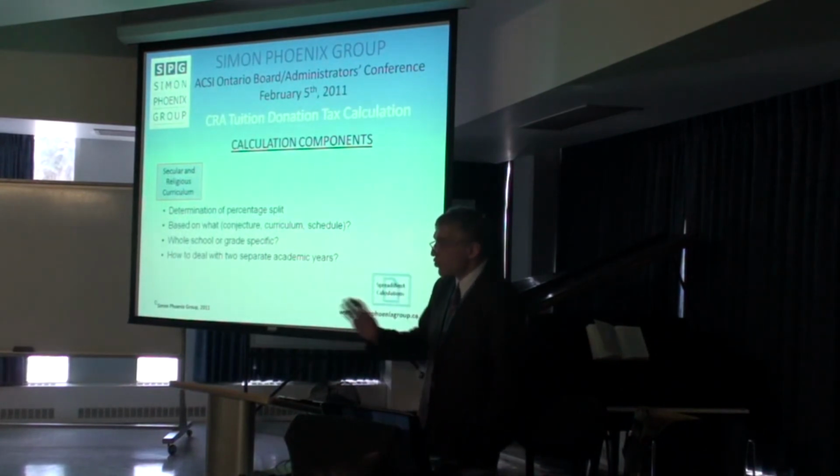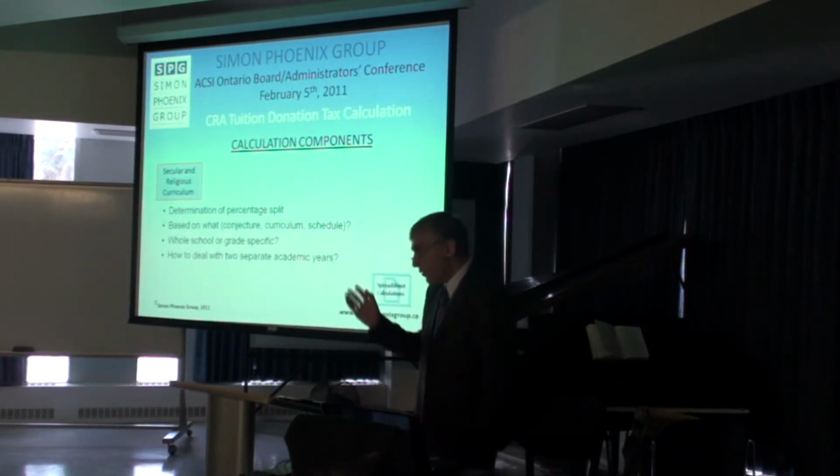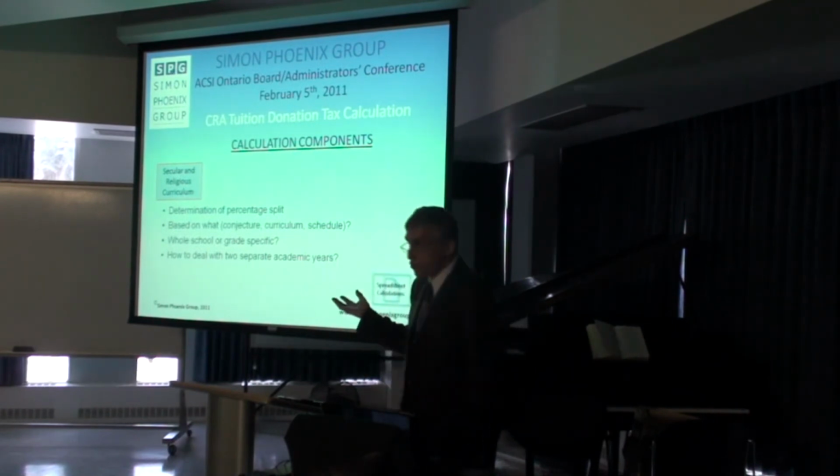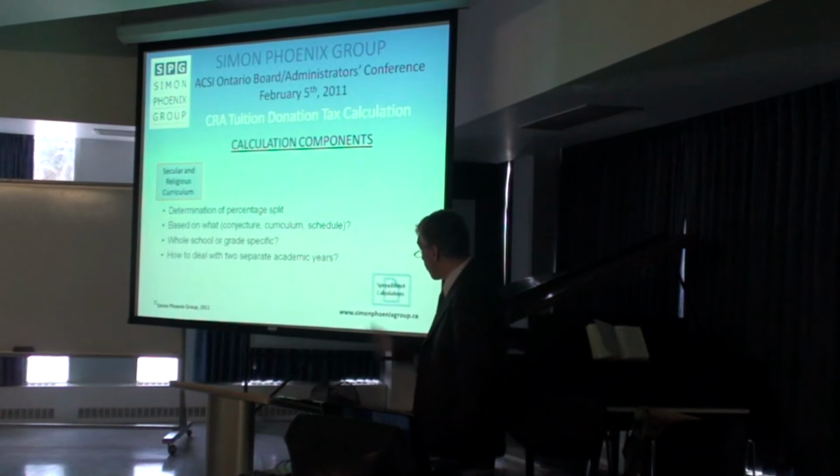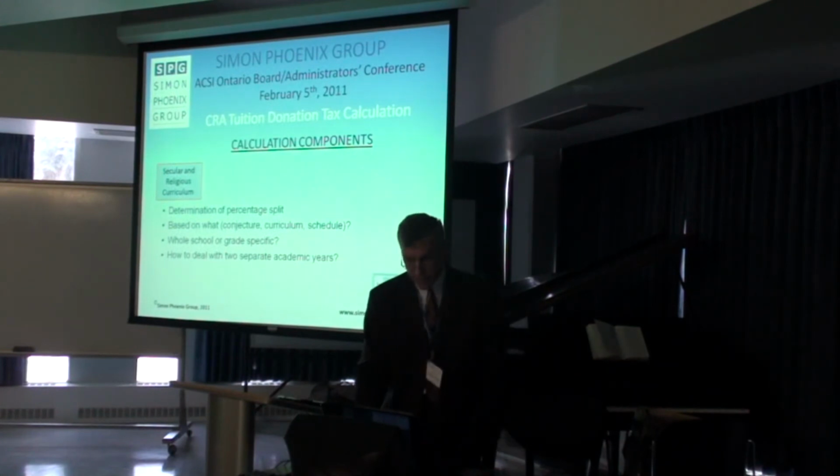Those splits could change year over year. Now, they probably will not vary widely from one year to the next, but you may make a change one year in your curriculum, and that may impact over those 2 years, so that needs to be handled by the calculation.